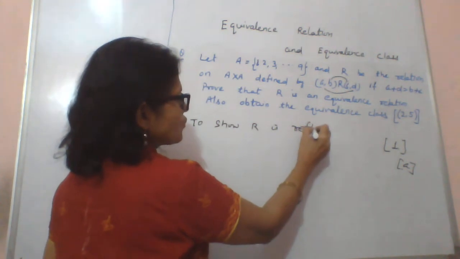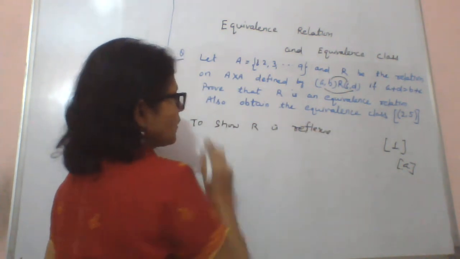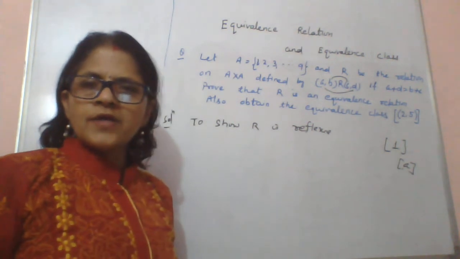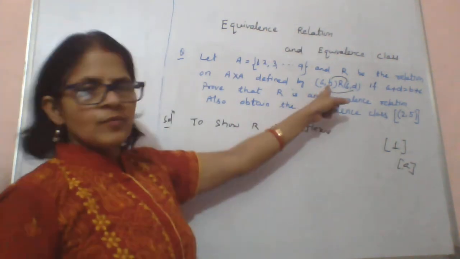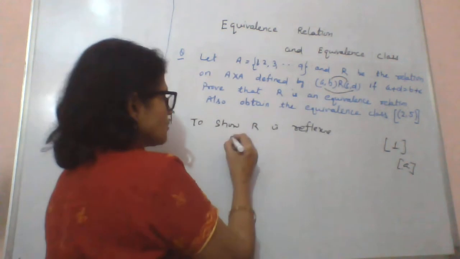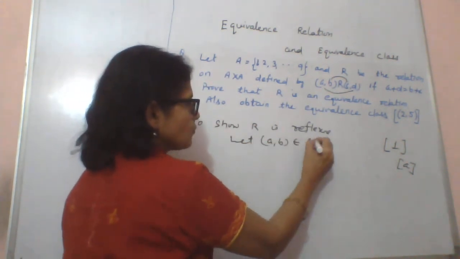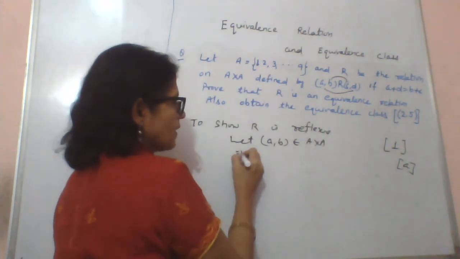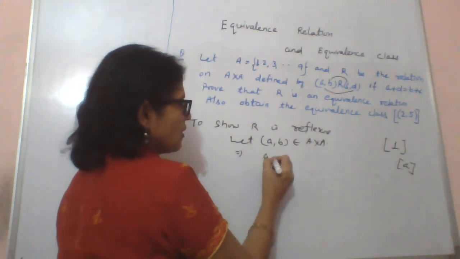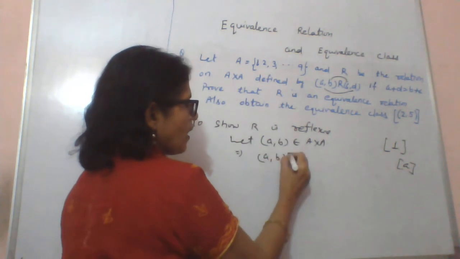In case of a single element you take x R x. So here a single element means a single ordered pair. Let ordered pair (a, b) belong to A Cartesian product A. It means you have to show here (a, b) R (a, b).